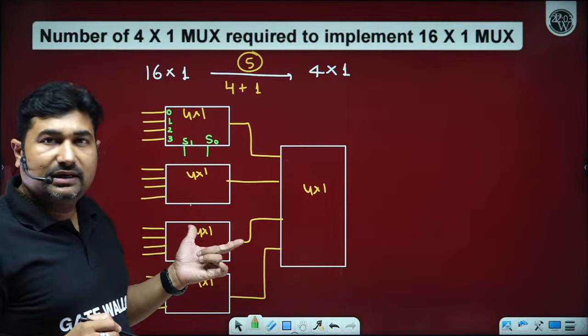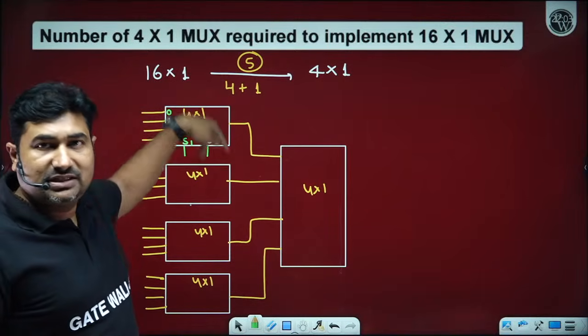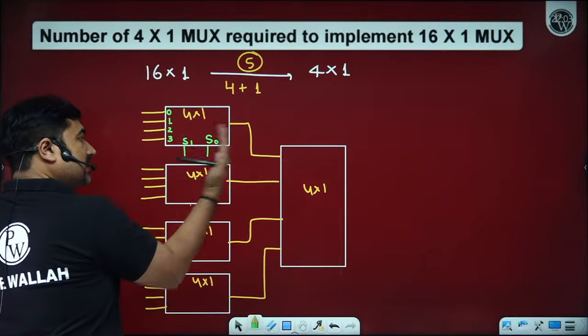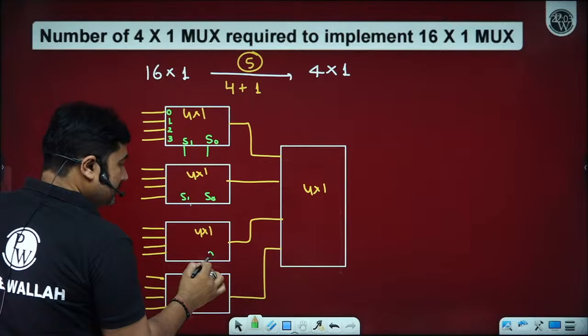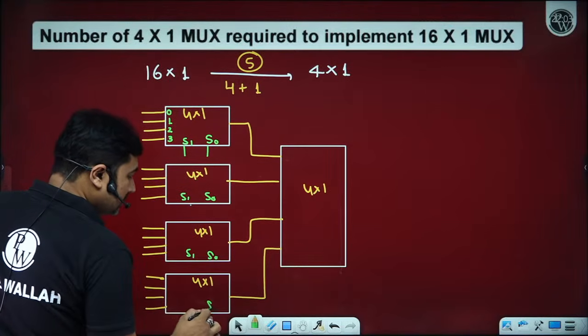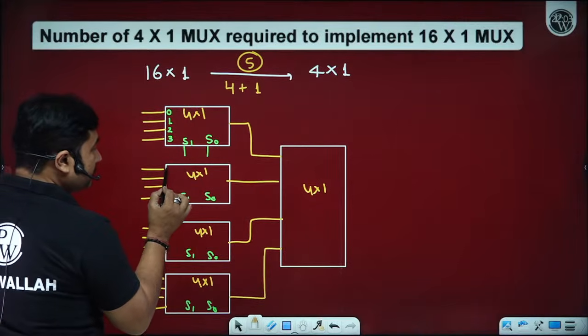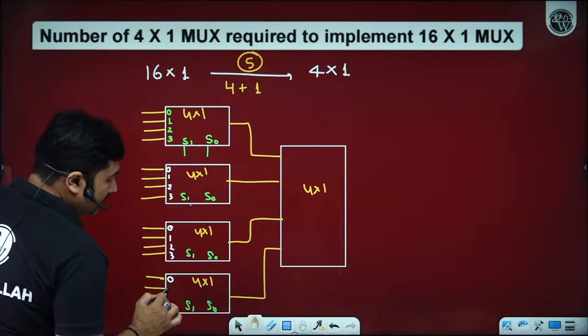For these 4, we have S0 and S1. Inside the multiplexer, right to left is LSB to MSB. So S0, S1, S0, S1, S0, S1. This is the standard representation. Now we have 0, 1, 2, 3, 0, 1, 2, 3, 0, 1, 2, 3.